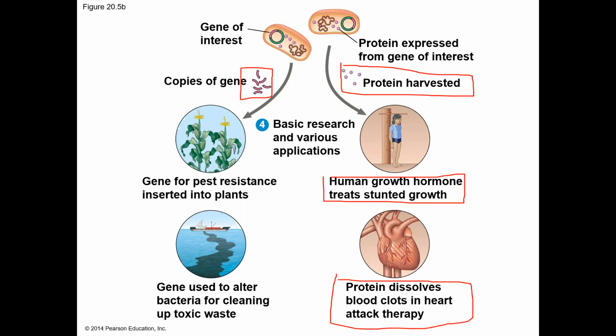If you're looking at the gene itself, okay, yeah, now we've got a lot of copies of the gene. We can sequence it better, or we can insert these genes into plants for something like pesticide resistance, or we can alter the bacteria with these recombinant plasmids to do something like take up and dispose of things like toxic waste, oil spills from ships.